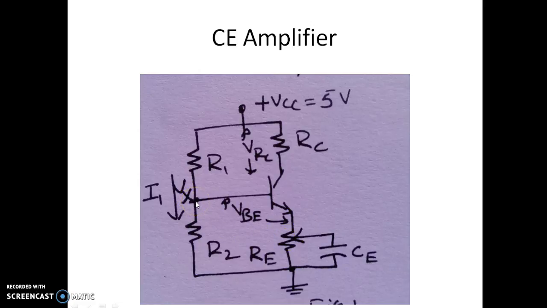The voltage at the base point with respect to ground is named as Vx, and we assume a base current IB flowing through the base, and IC is the current flowing through the collector, and we'll assume a current I1 flowing through R1 and R2. So this is the basics we'll be considering for designing the DC bias.